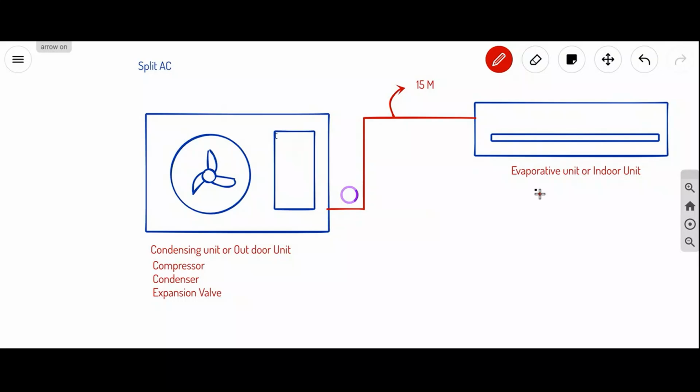Blower, fan. Evaporator, blower motor. Evaporator, blower. Now application same. Domestic application we go, like residential and small offices.